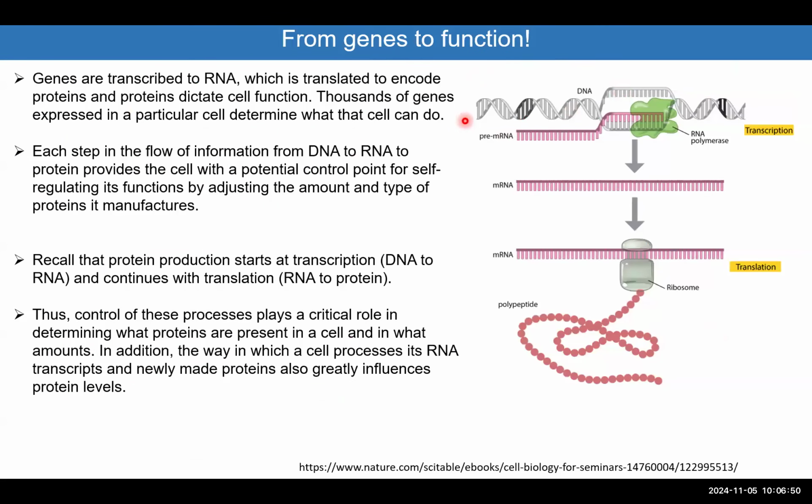So from the process of transcription to generate, in this condition here, a specific type of RNA, which is the messenger RNA that is translated to a protein, these steps can offer multiple levels of control for the cells. For example, the cell can turn on the transcription at certain point, or it can turn it off.